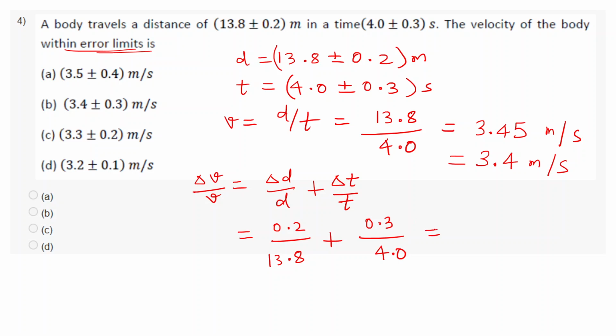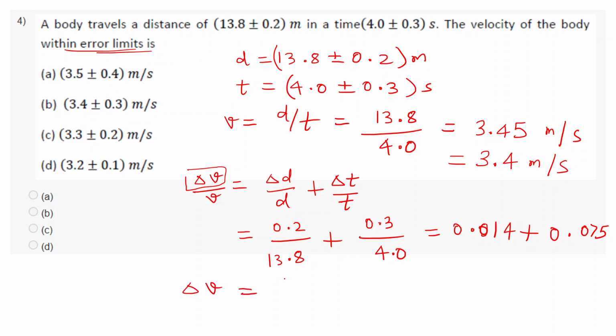This will be 0.2 divided by 13.8, which is 0.01. Let's just keep up to 2 decimal digits for the time being. Then this will be 0.3 divided by 4.0, which is 0.075.